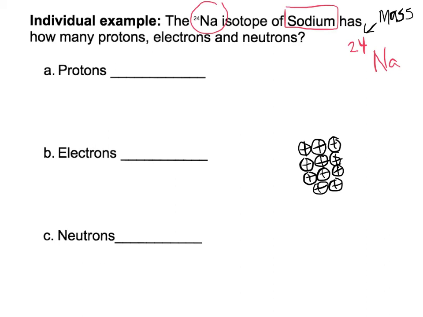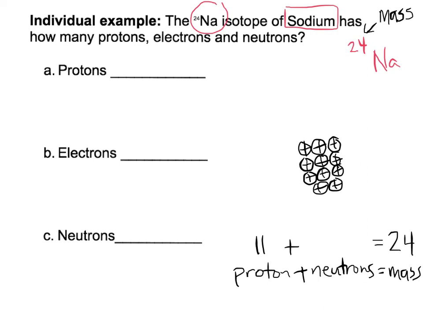And I know my protons plus neutrons equals mass. I have 11 protons, and I know my total mass is 24. So 11 plus what will get me 24? I can do that in my head. 13. So I need to have 13 neutrons. So there's my 13 neutrons.